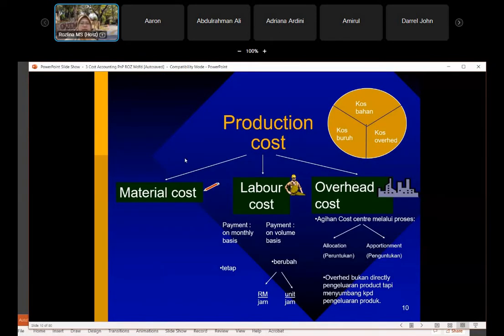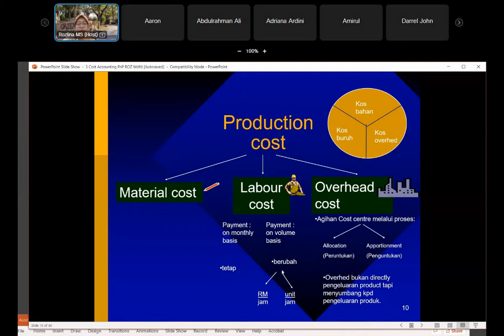Okay, I simplify it to be like this. Production cost will be material cost, and labor cost on monthly basis and also on volume basis. If we talk about the workers, operators, we will put them in the volume basis.